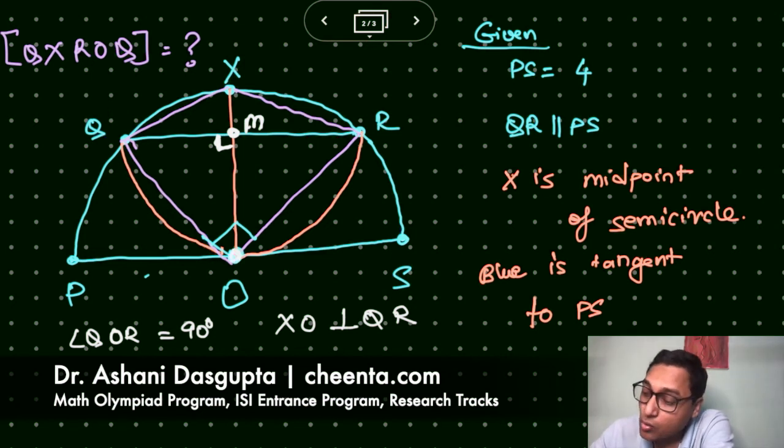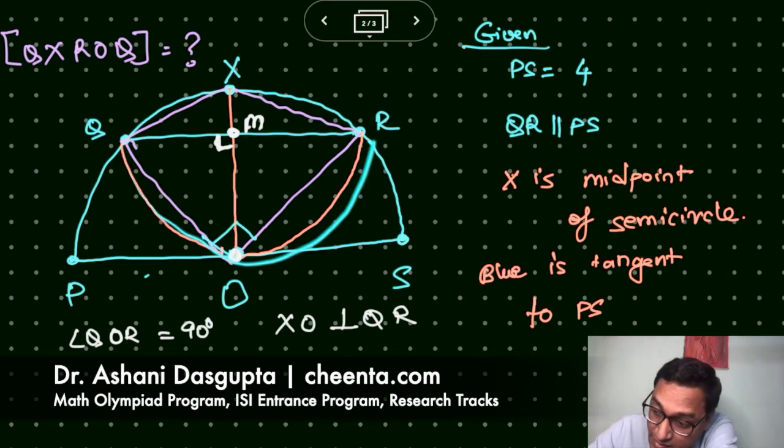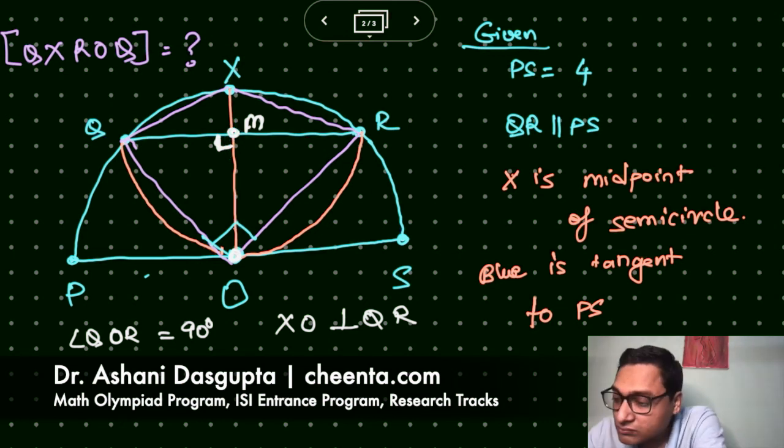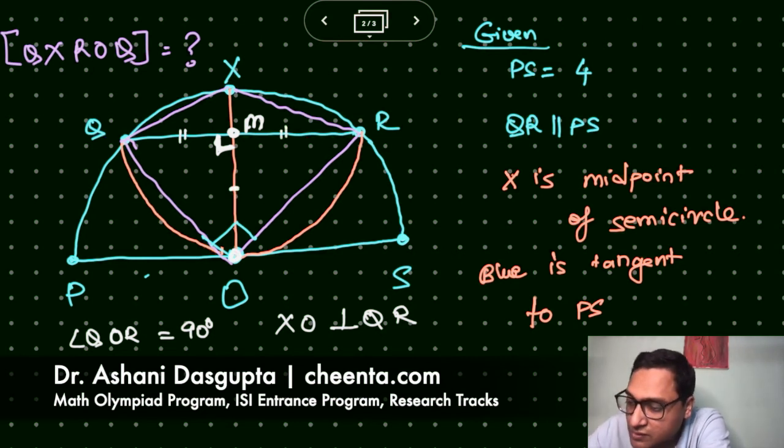Why is that? Because O is a point on the circumference of this semicircle, and OM is perpendicular to the diameter. The only way that happens is if M is the midpoint. This is 90 degrees, these two pieces are equal because M is the midpoint, and this is common, which means QMO and RMO are congruent.